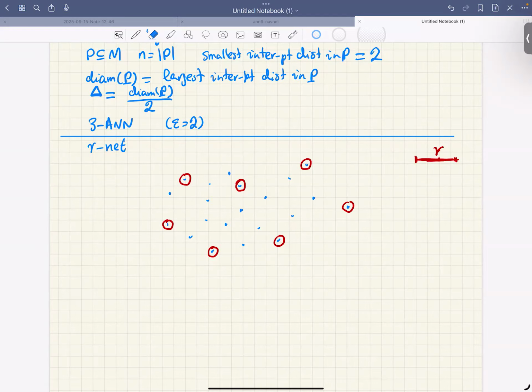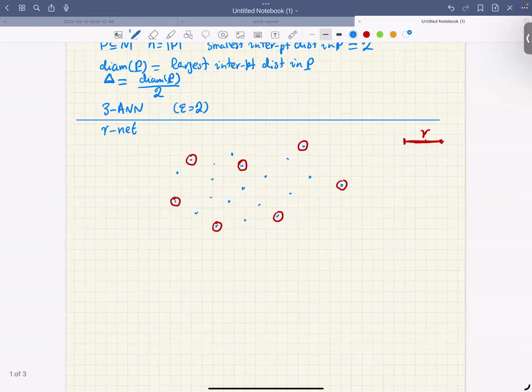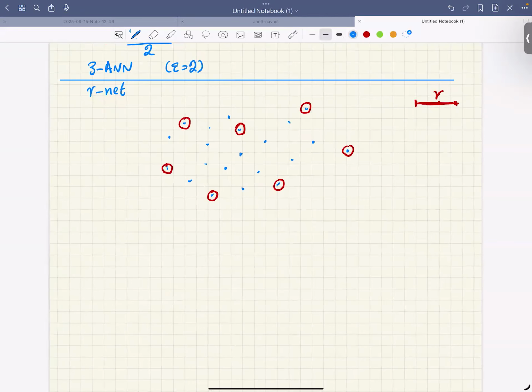Also, the points that I have chosen have inter-distance greater than R, because I stopped the whole algorithm as soon as the distance drops below R. These are the two very important properties of r-nets.